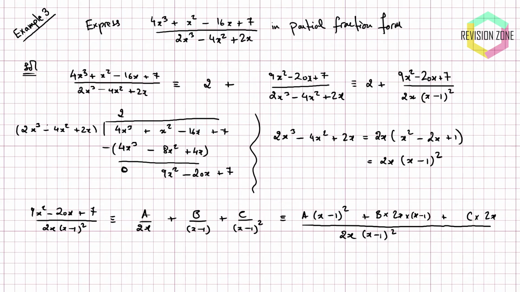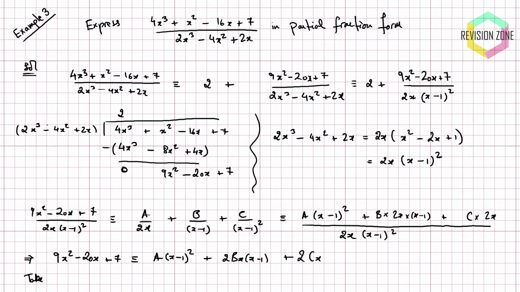So once we've actually got that, we can simply just say, well, the numerators must be identical. So I must have 9x squared minus 20x plus 7 better be identical to a multiplied by x minus 1 squared plus 2bx, x minus 1 plus 2cx. Okay, so we again turn to our standard trick of just putting in numbers, because we know the identity is going to be true for all values of x.